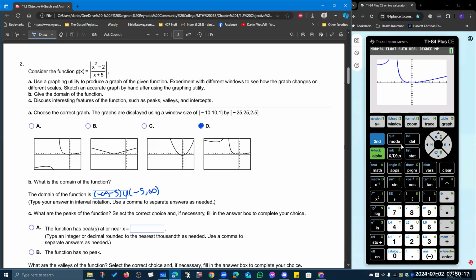Now let's look for any peaks in the graph. So it's hard to see, but this piece over here goes down, comes up, goes back down, and goes back up. So there's a peak that's right here. There's going to be valleys that are over here and over here.